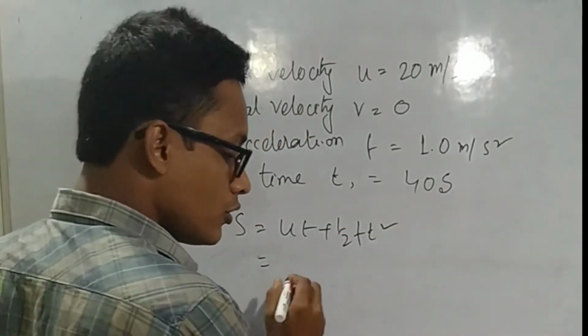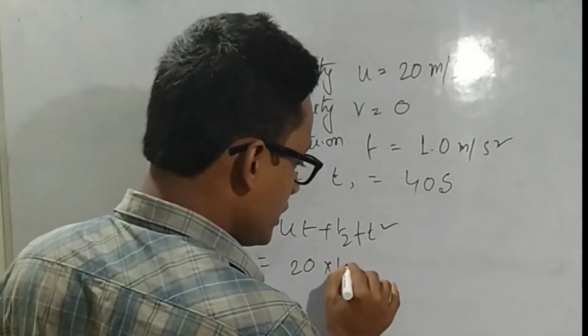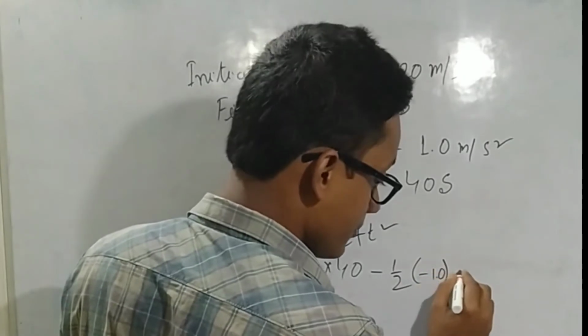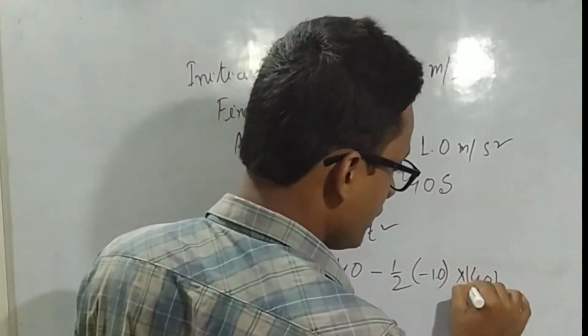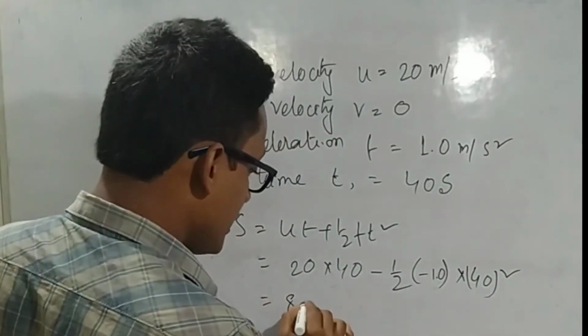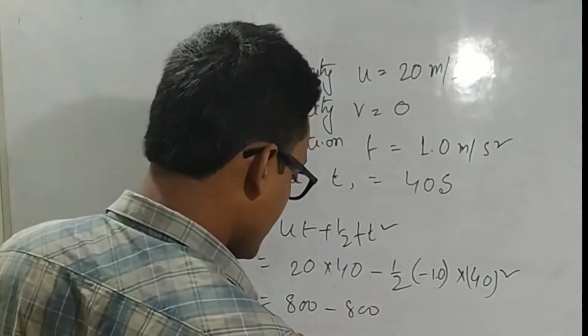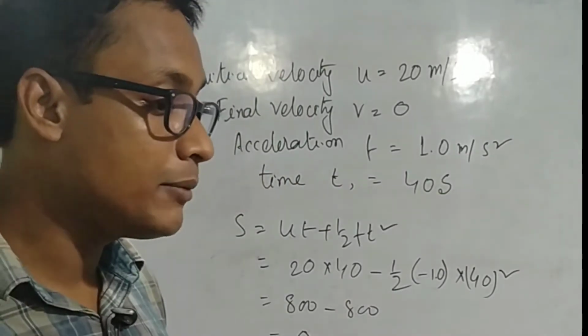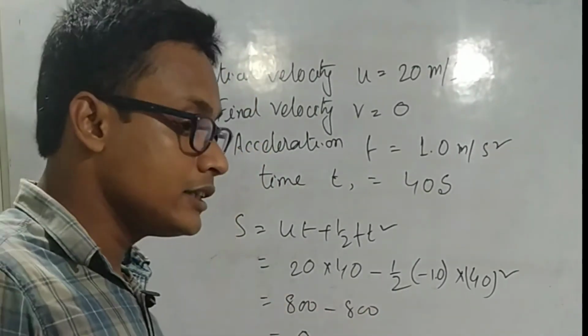Using the proper values, we can calculate 20 into 40 plus half into 1 into 40 square. So finally we have 800 minus 800, that is equal to 0. So the distance traveled by the particle s is equal to 0.